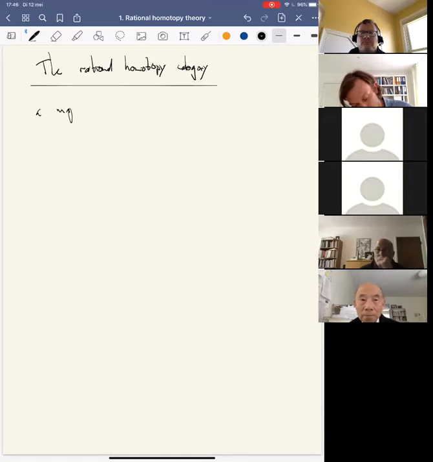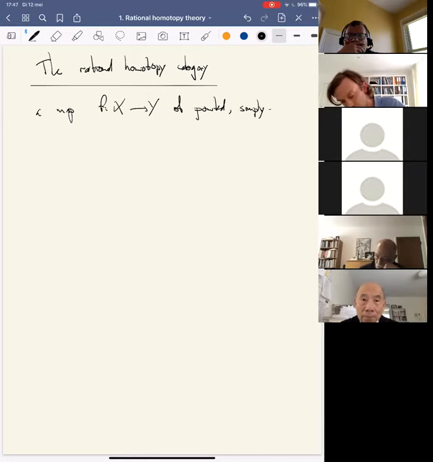So first of all, let's say that we have a map of pointed spaces. And for simplicity, let's work with simply connected spaces.